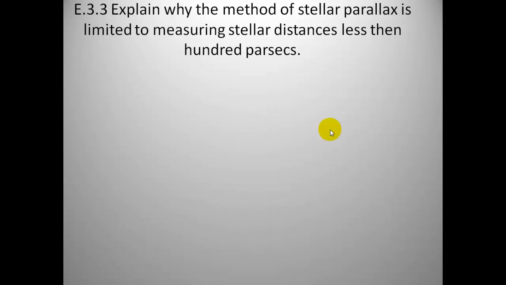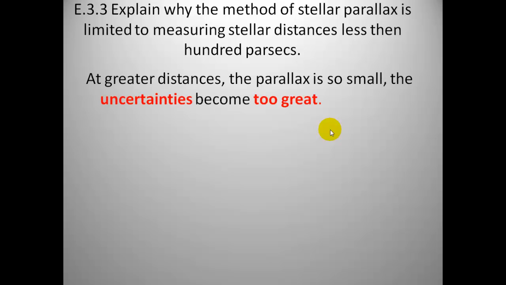Explain why the method of stellar parallax is limited to measuring stellar distances less than 100 parsecs. Greater than 100 parsecs, which is roughly 300 light years, the uncertainties become too great. It's not the fact that it's far away; it's that the uncertainties become much bigger, much more significant than the values that we're actually recording.